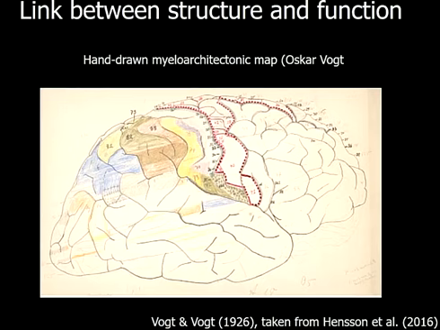So here's one example. This is an old piece of work now. In this study, which, as you can see, is like a drawing, old school style of the brain, what they did is they drew a map of myeloarchitecture.